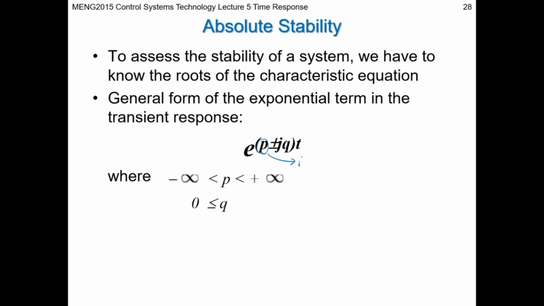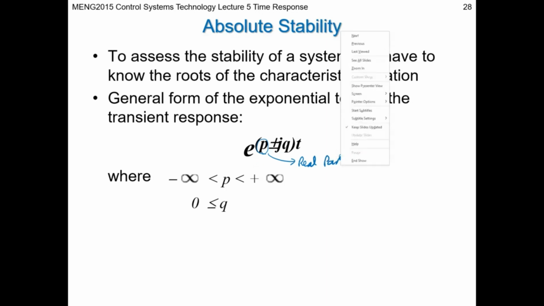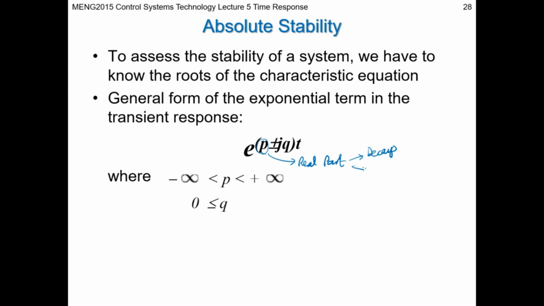So p, this is your real part, which is going to determine whether your exponential term decays over time or grows. And then you've got your imaginary part, and that determines the frequency of your cyclical response.